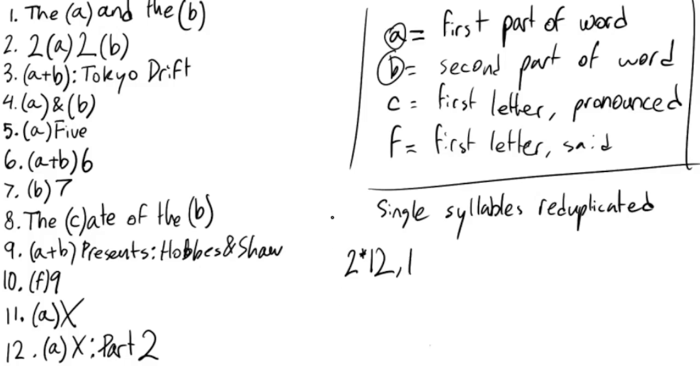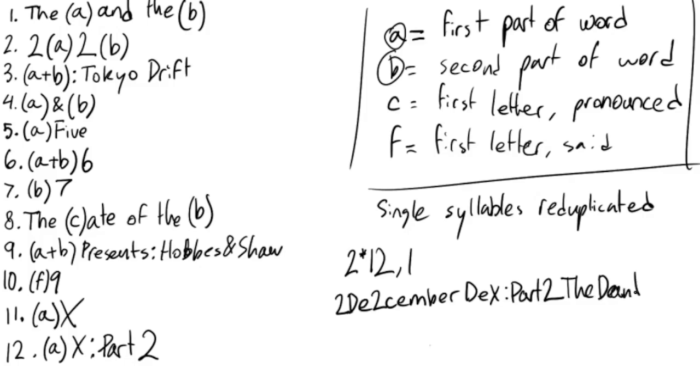So that would be 2 de December, de X part 2, the de and December. To de December de X part 2 the de and December. That would be how you say the 25th of December.